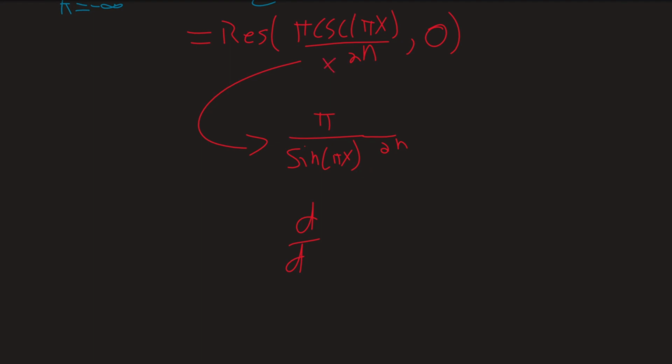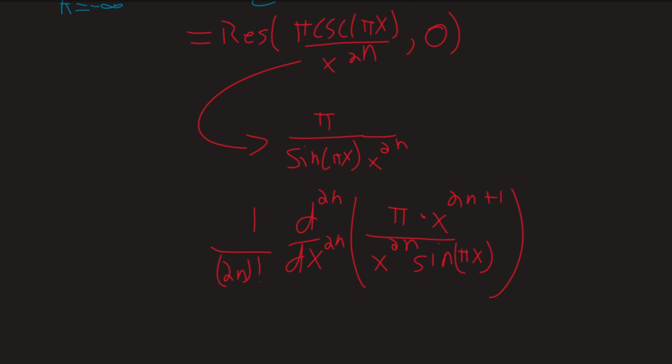Okay, d over dx, and we're going to differentiate the degree of our pole minus 1 times, so that's the 2nth derivative of pi over x to the 2n times sine of pi x, but then times x to the degree of our pole, so 2n plus 1. And on the outside, we have the usual 1 over the degree of our pole minus 1 factorial, so that's just 2n factorial.